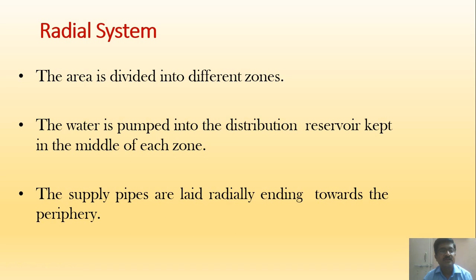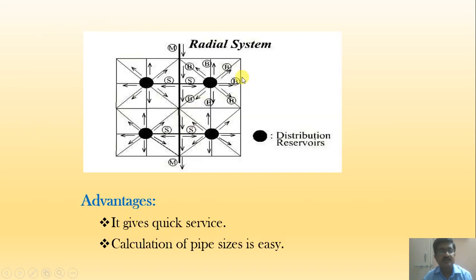Now the next one is the radial system. The area is divided into different zones. The water is pumped into the distribution reservoir kept in the middle of the zone. The supply pipes are laid radially, ending towards the periphery. Now you can see how the radial system works. This is the main pipeline, right?